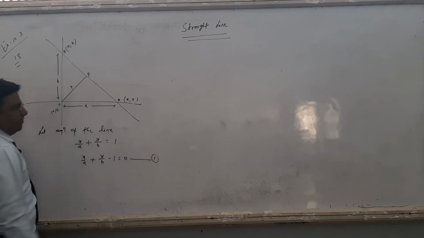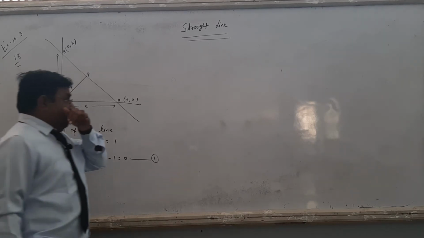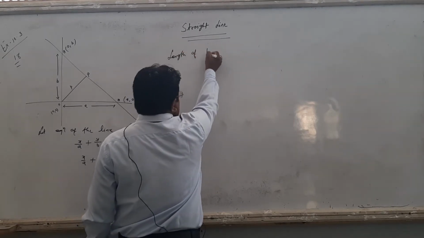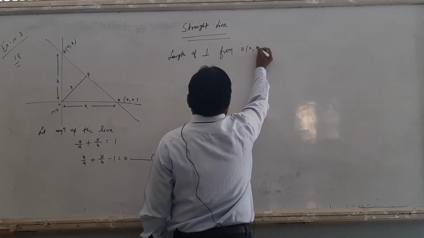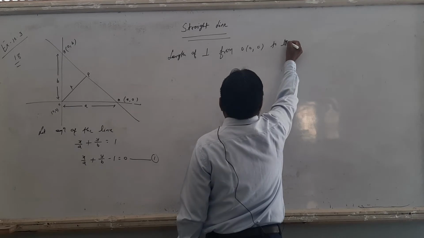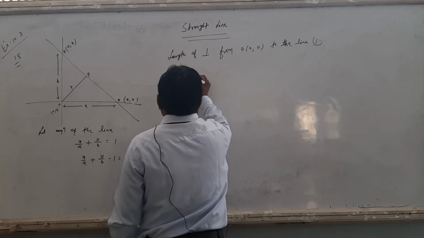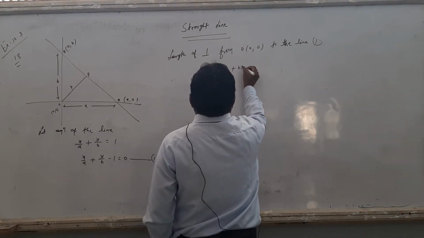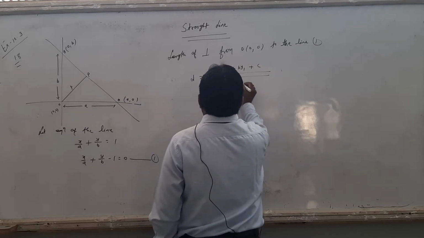This is equation one. And according to the question, small p is the length of the perpendicular from the origin to the line. That means the length of the perpendicular from the origin (0, 0) to the line. So what is the distance formula? Mod of (Ax1 plus By1 plus C) upon the square root of (A square plus B square).